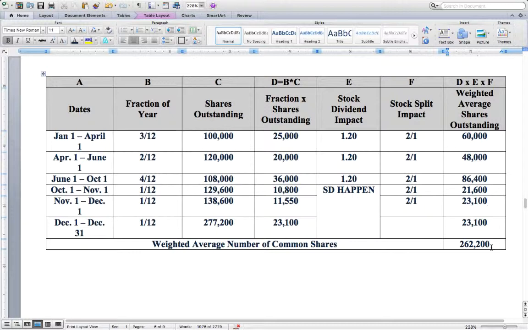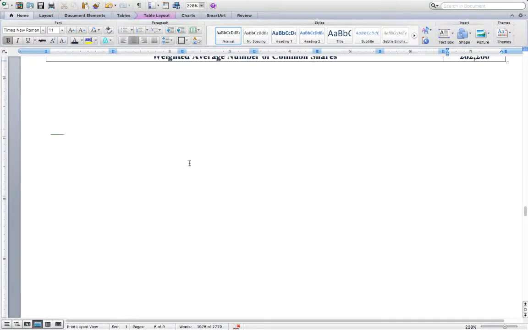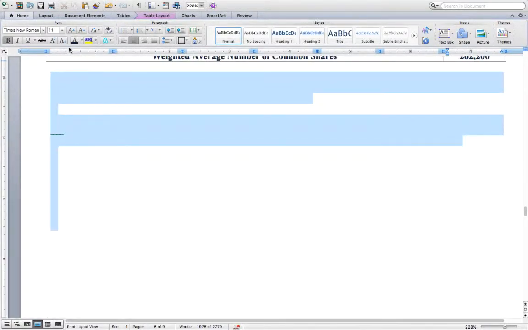So if you use this number, this would be what you put in the denominator part of the EPS calculation. I hope that this makes sense. And this table will help you understand the concepts of what is going on here.